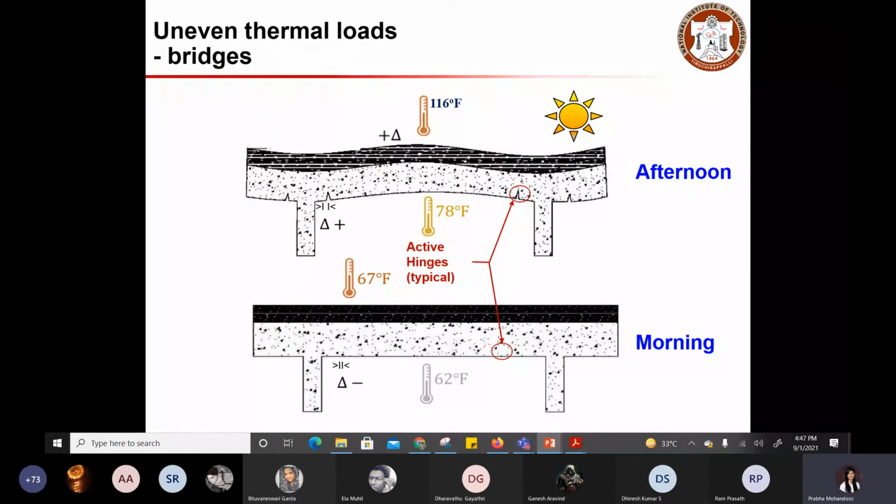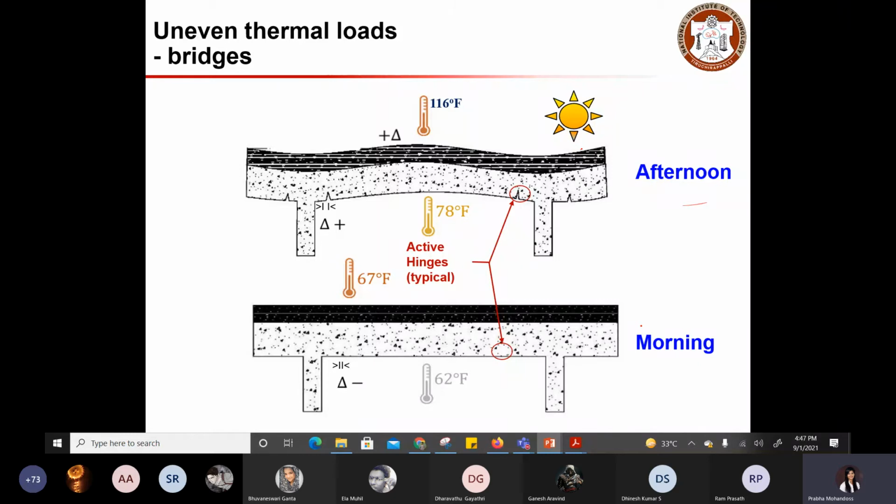Here's another example in which you can see the uneven thermal load occurring during a day. In the afternoon, the temperature at this region will be higher, or in the early morning, the temperature will be relatively lower.